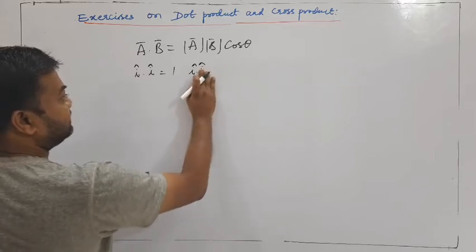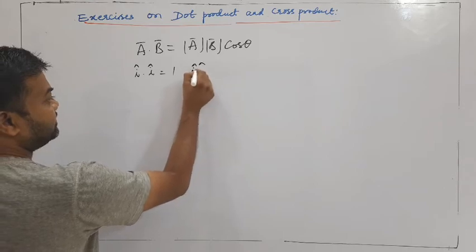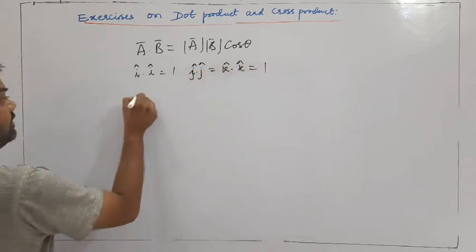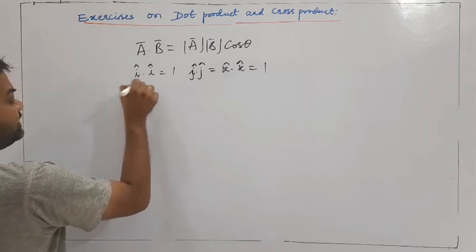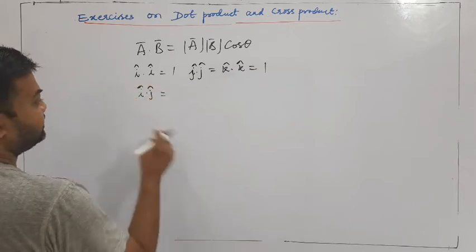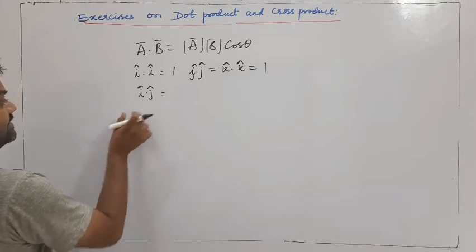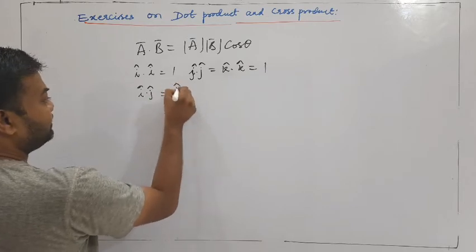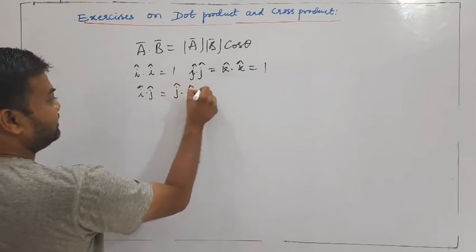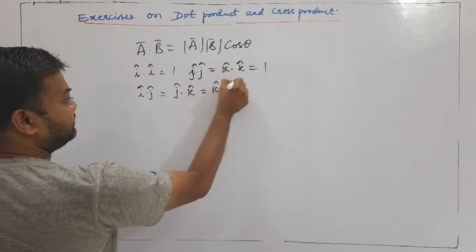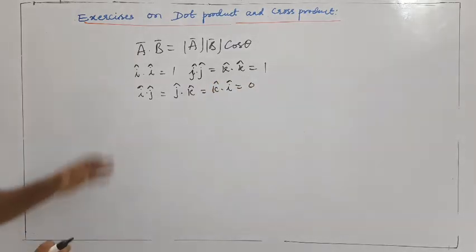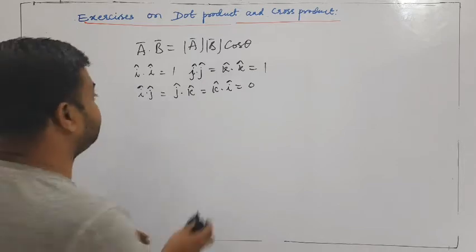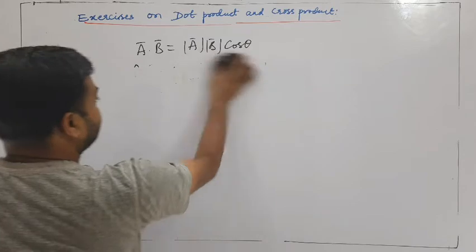Here i bar dot i bar, j bar dot j bar, k bar dot k bar must be equal to 1. But i cap dot j cap, j cap dot k cap, k cap dot i cap must be equal to 0, because these are along different axes, for example x and y axis. The angle is 90, cos 90 is 0. These two are important here, because especially in exercises we have to take care of these two values.